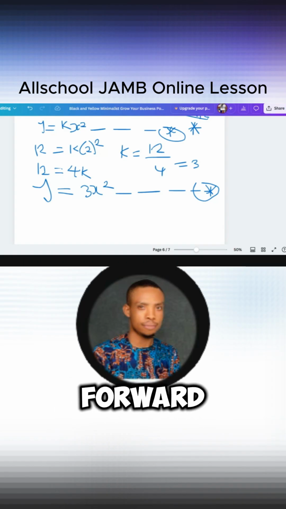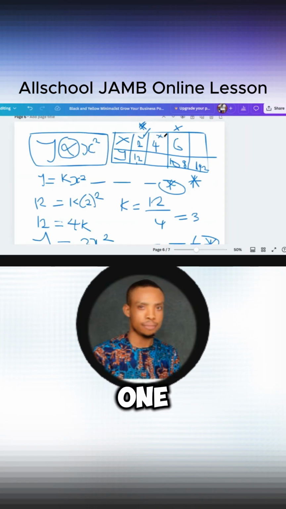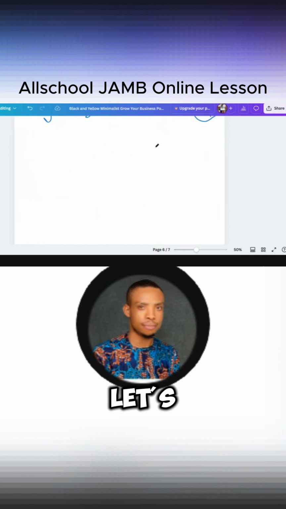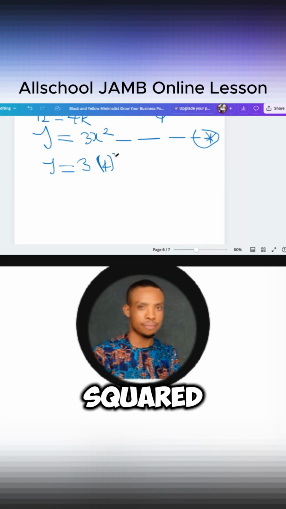Now moving forward. The question said they have already given us this one. We'll have to get this one. So now I have to find the value of y when my x is equal to 4. That's what this question is saying. Find y when x is equal to 4. So now let's go. y is equal to 3 into 4 squared.